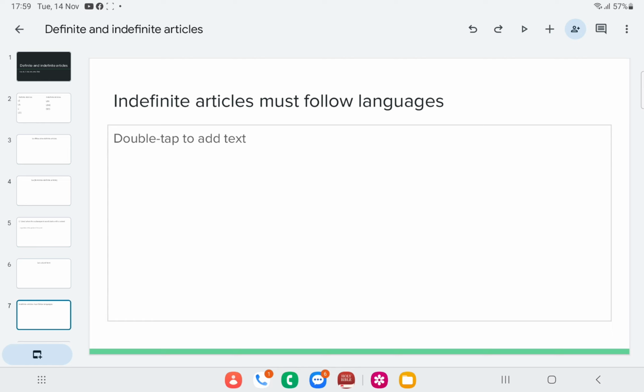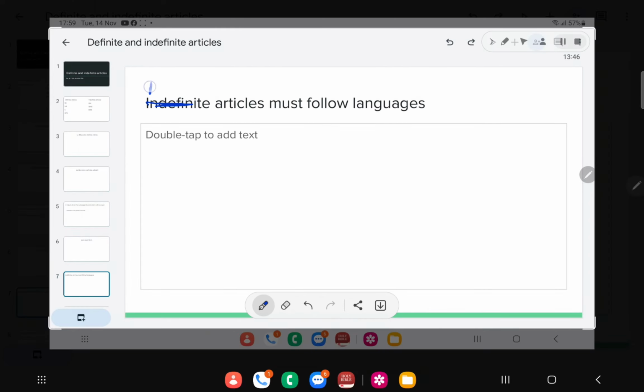Next on the list, you have to take note of this very important point. Definite articles must precede languages. That is to say, if you want to express a language in French, for example, you want to say English, French, German, Chinese, each time you want to say or write these languages, they must be preceded by a definite article.